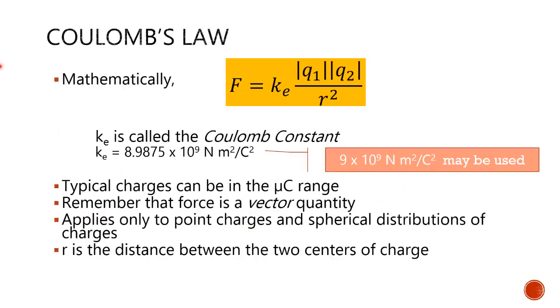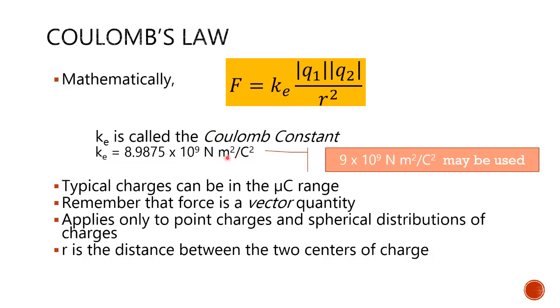To summarize, we have this mathematical equation. Electric force is equal to k sub e times Q1 times Q2 over the square of r. k sub e here is called the Coulomb constant, and this is its value.